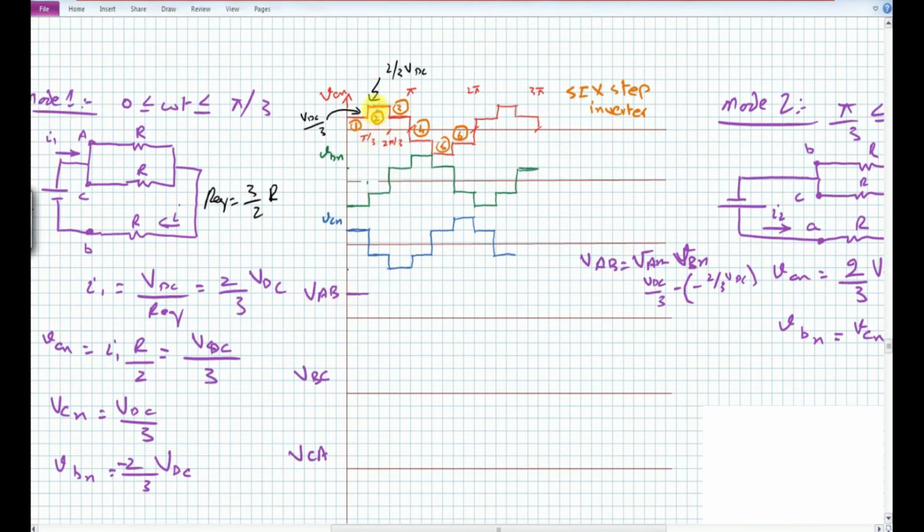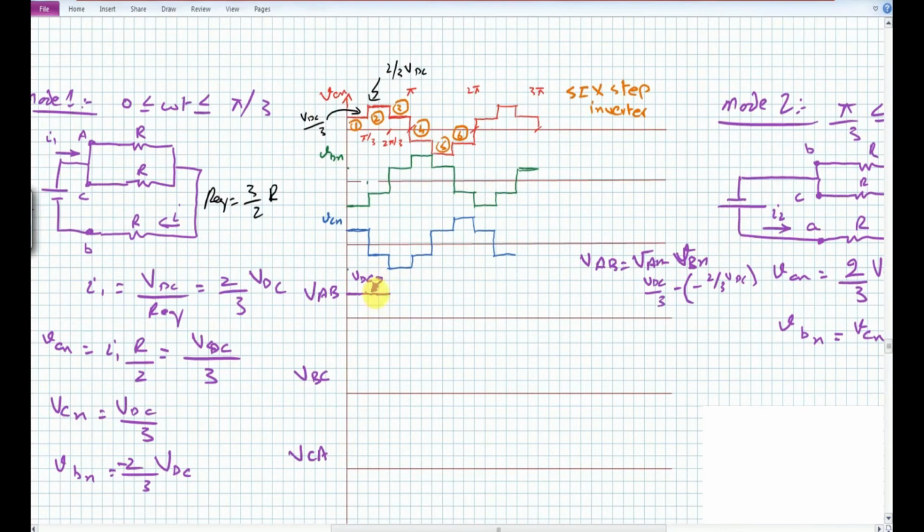So we have a VDC available for this 0 to pi by 3. For this particular interval, VA of n is equal to 2 by 3 VDC. However, this VB of n is now equal to 1 by 3 into VDC. So again, essentially, it will have the same value equal to VDC.